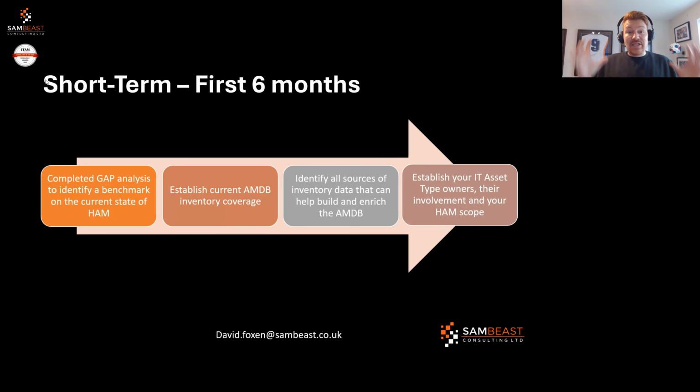It's a lot of networking, it's a lot of speaking to people and seeing what kind of technologies and reports they have. And finally, a lovely little win that you can do is also establishing your IT asset type owners and their involvement within your HAM scope as well.